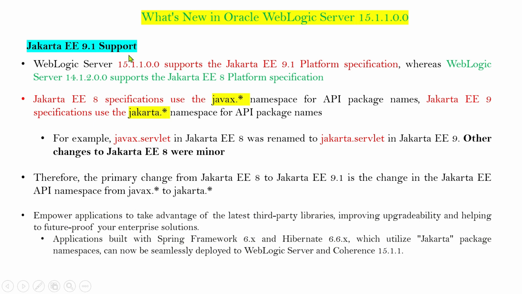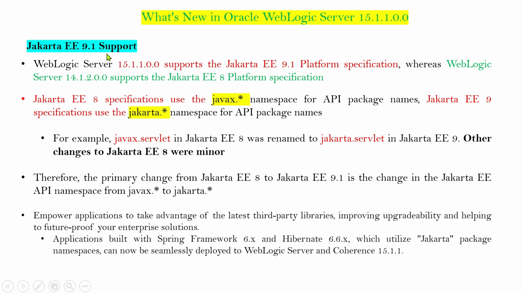When we talk about the Jakarta Enterprise Edition 8 specifications, in our code we call these Enterprise Edition APIs by giving javax.*. This is the way we call multiple APIs in our code, and it is called the namespace for the API packages.